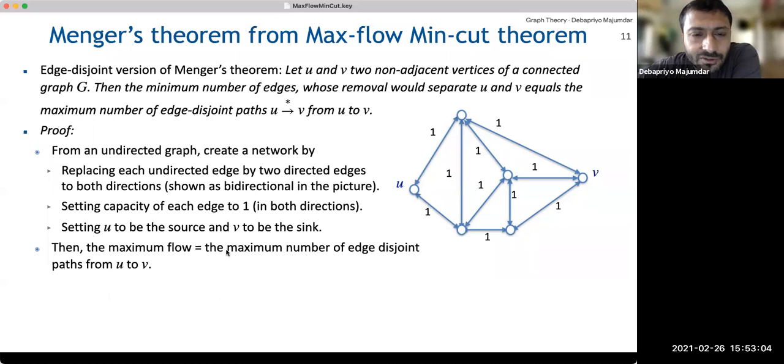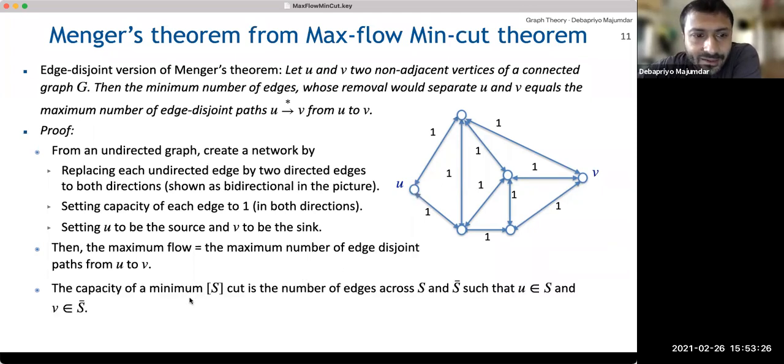is equal to simply the maximum number of edge disjoint paths from u to v, because all of them have capacity 1. So whatever you make flow, it's just the maximum number of edge disjoint paths from u to v. That is the total flow, because the flows are never joining.